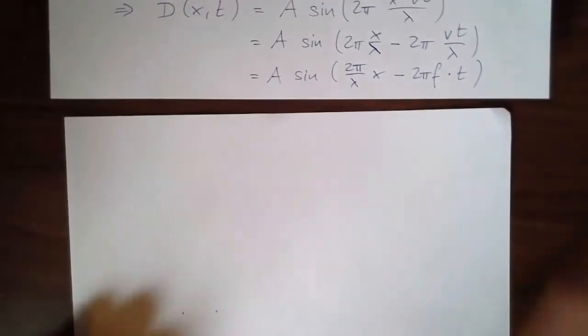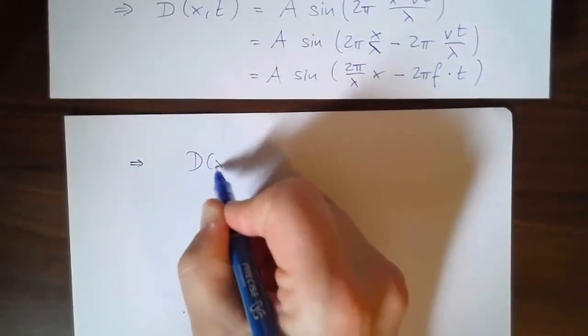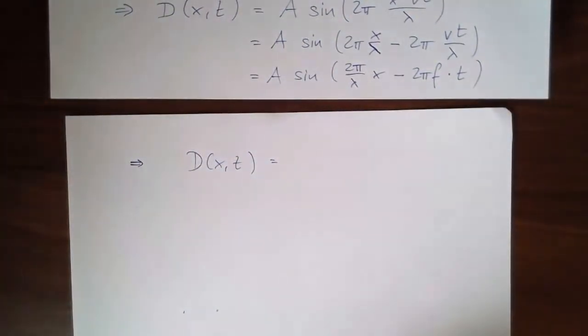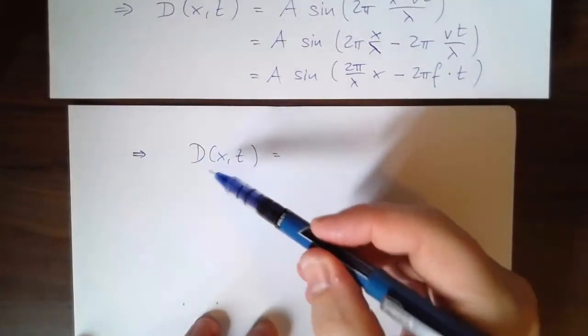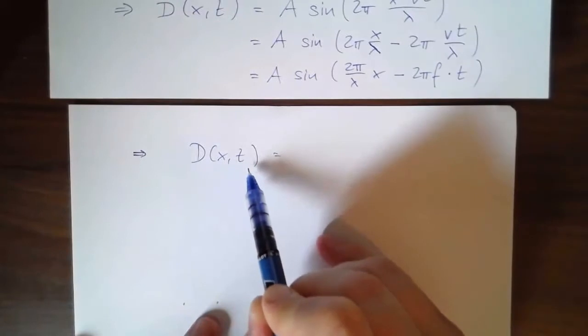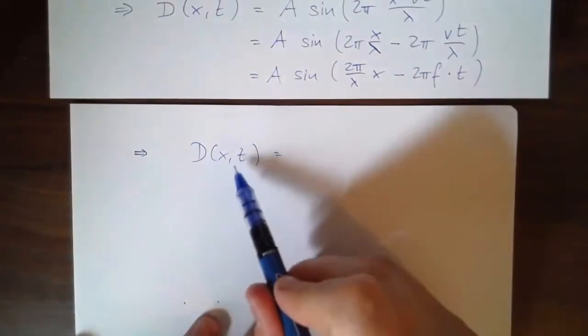Let's note that down. I'm going to get my final answer, d(x,t), the displacement as a function of position and time, because the rubber duck on the ocean, how high up it is depends on where I put it and at what instant in time I look, going up and down.